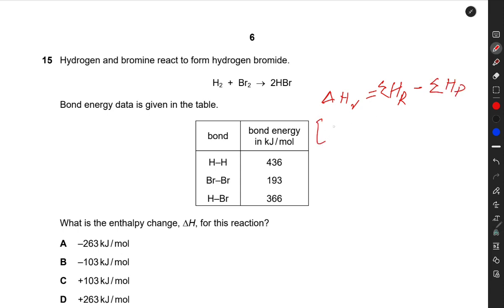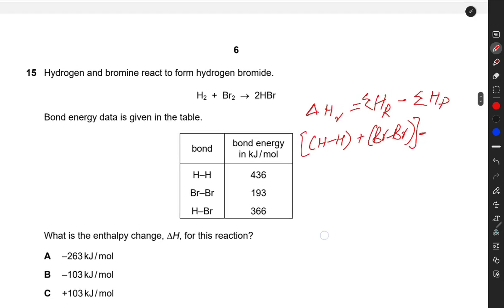So this is H-H bond plus Br-Br bond minus 2 H-Br bond.